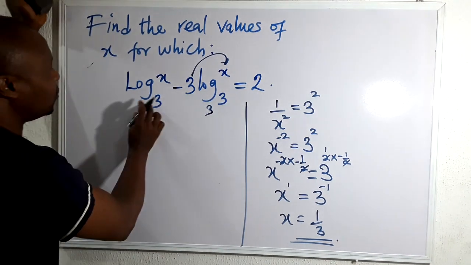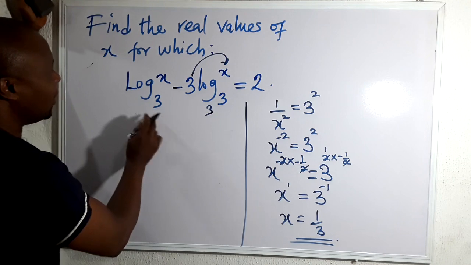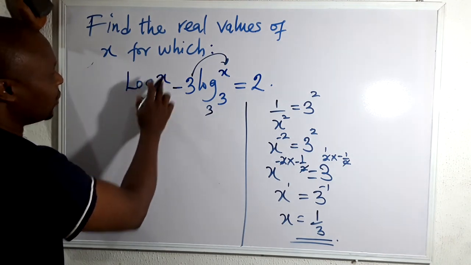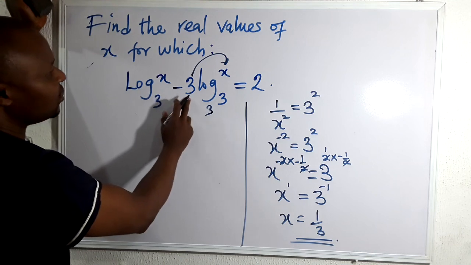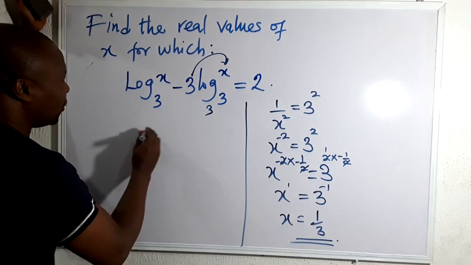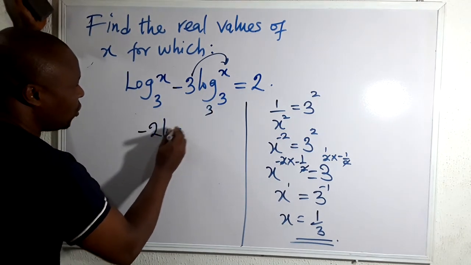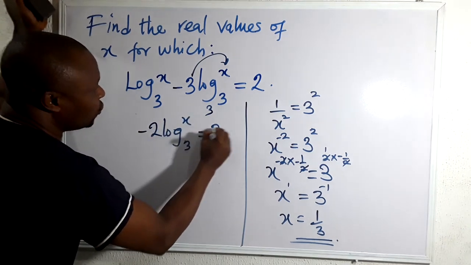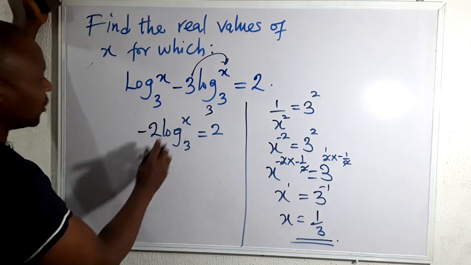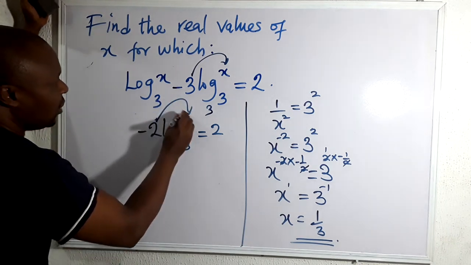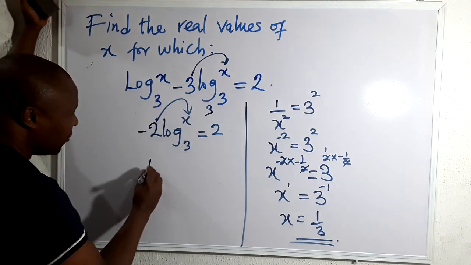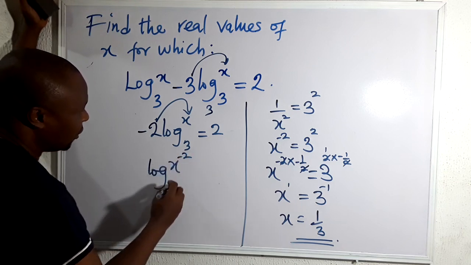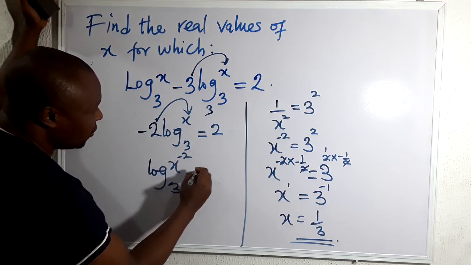If you subtract, that is 1 minus 3 log x to base 3, you are going to have straight away minus 2 log x to base 3, and that will be equal to 2. So again, you now apply the power law. You have log x to power minus 2 to base 3 is equal to 2.